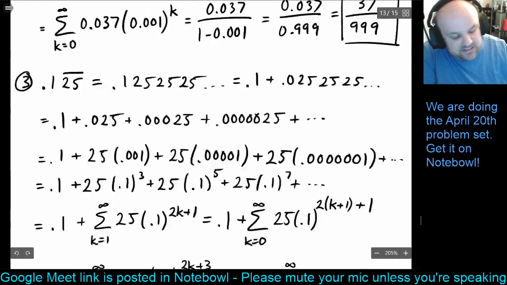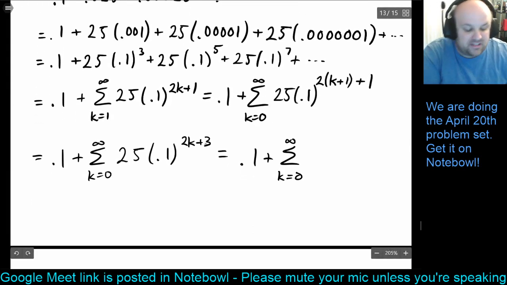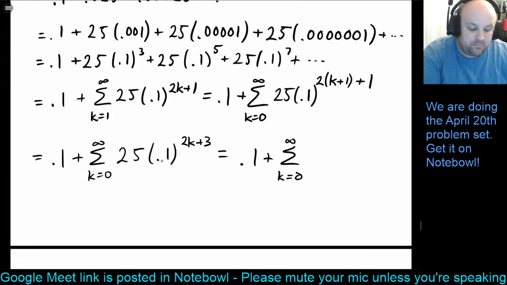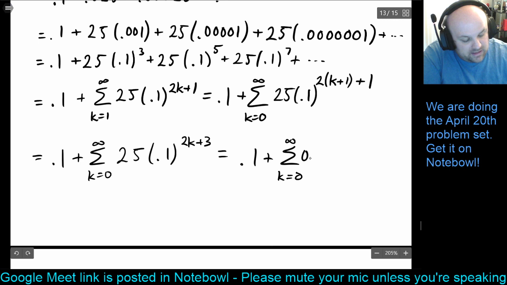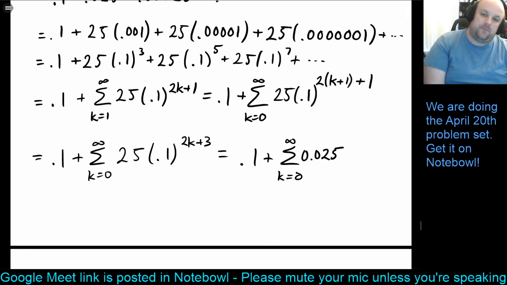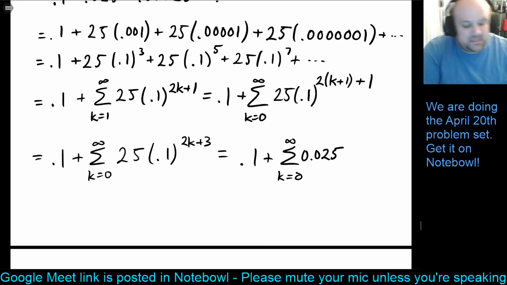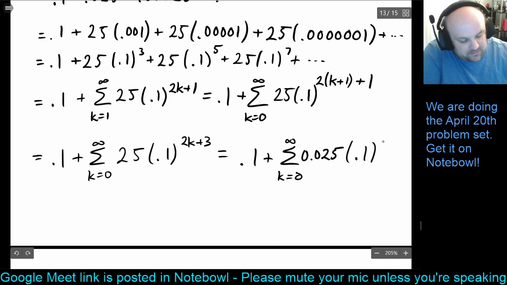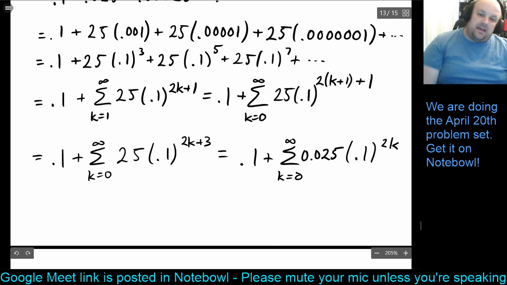Down here, I have plus 3. So I'm going to take 0.1 to the 3rd power and multiply it by 25. At the end of the day, that's 0.025. I'll do this in 2 steps, so that takes care of that part.